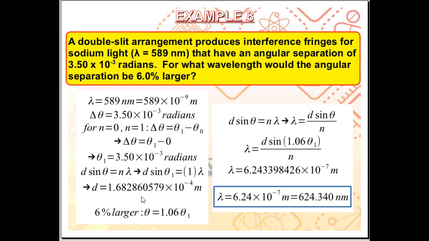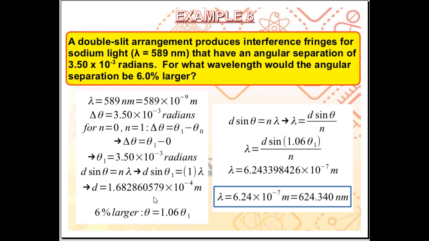The slit-to-slit distance d is the distance between the two slits of the double slit. If we now replace the sodium light with another light of a different wavelength, we'll still be using the same double slit, so we'll still be using this value of the slit-to-slit distance.